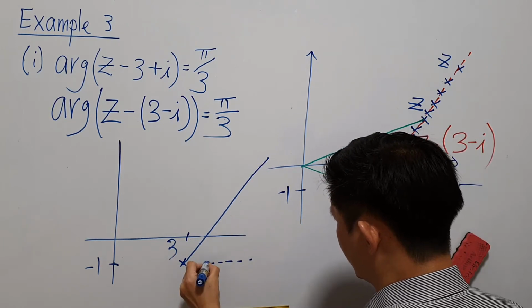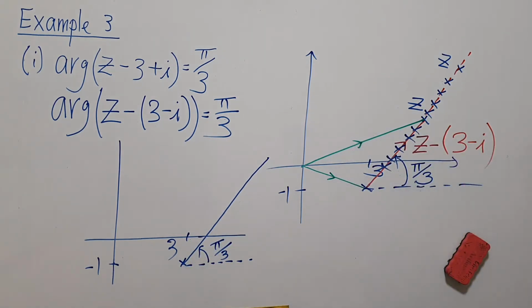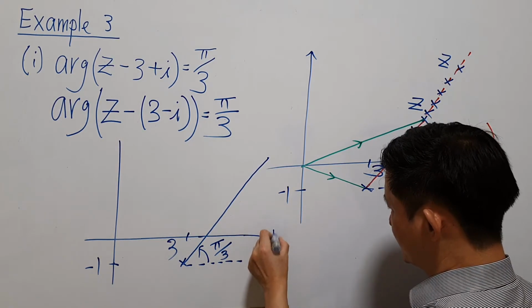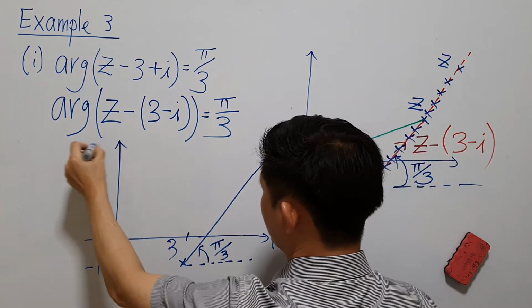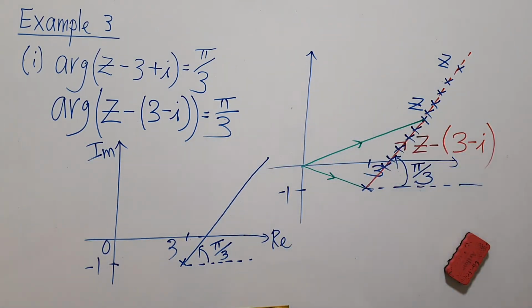As long as this angle is pi over 3, all points along this line satisfy this condition, the argument of z minus 3 minus i equals pi over 3. So let's bring more substance. This is the real axis, this is the imaginary axis, this is 0. So in this case, this equation defines points along such a line.